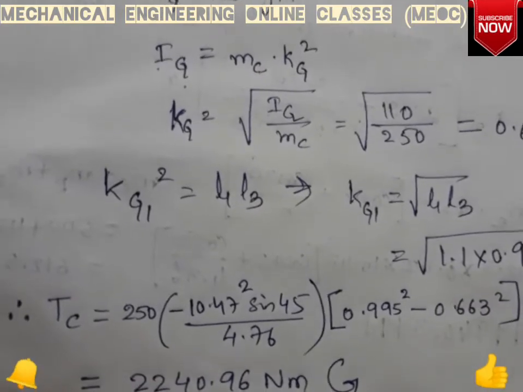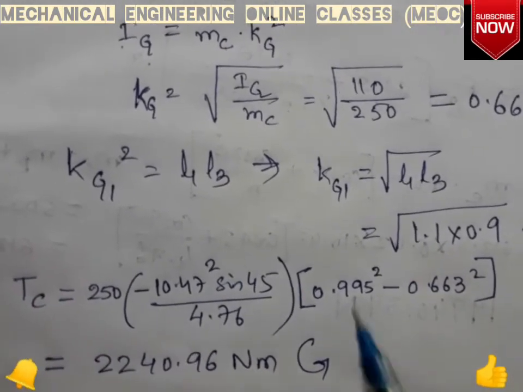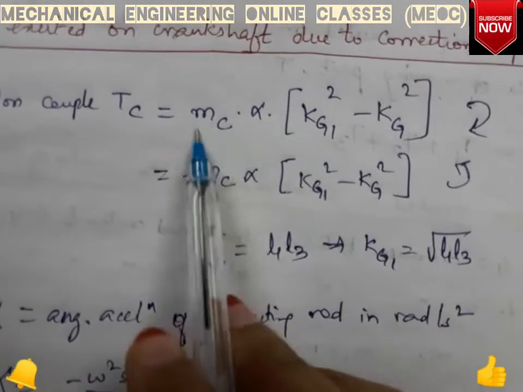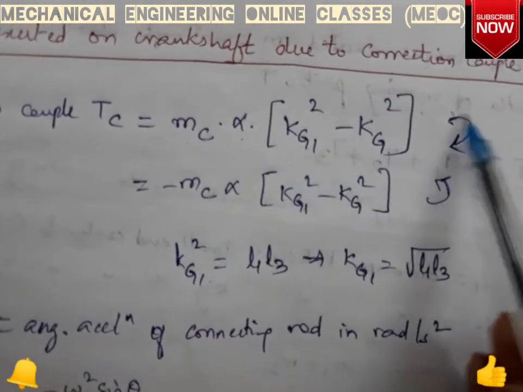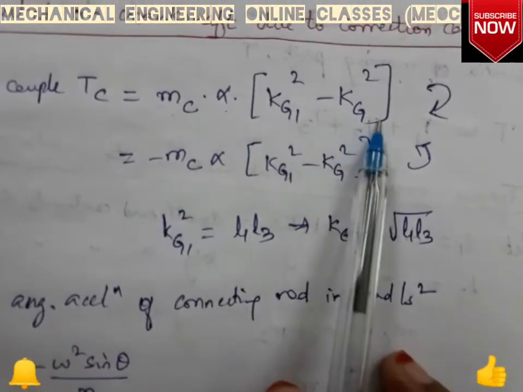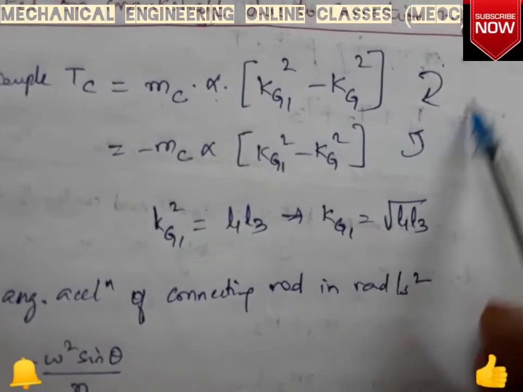If you want to come back and see TC, we got a negative value for the used formula. In the previous video, we discussed that TC is MC alpha (kg1 square minus kg square) acting in clockwise direction. But on application of this formula, we got a negative value. Negative value means the sense of rotation must be opposite.